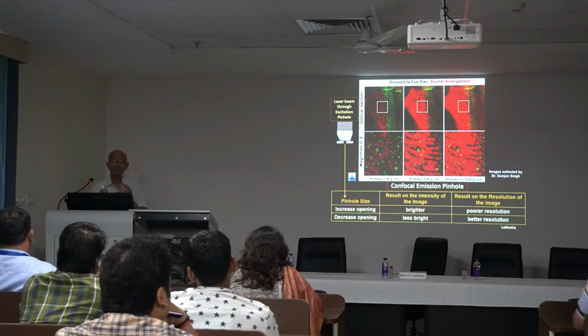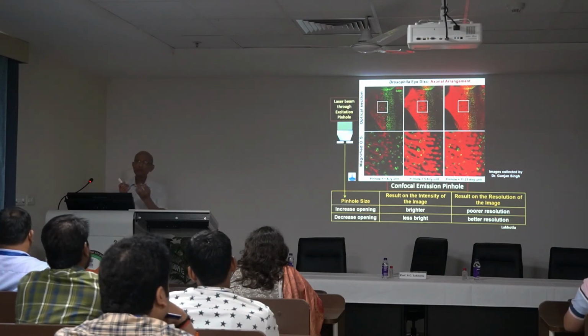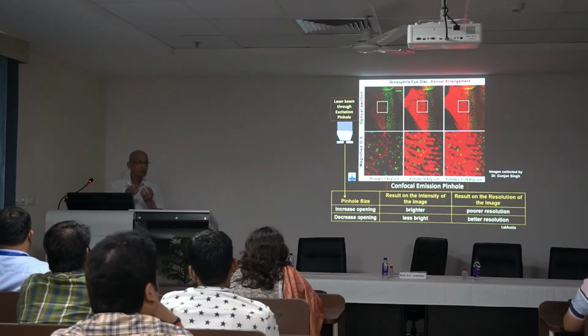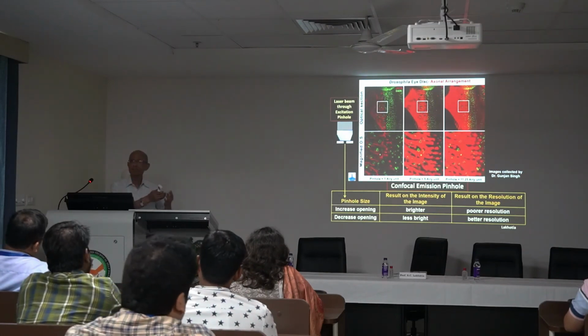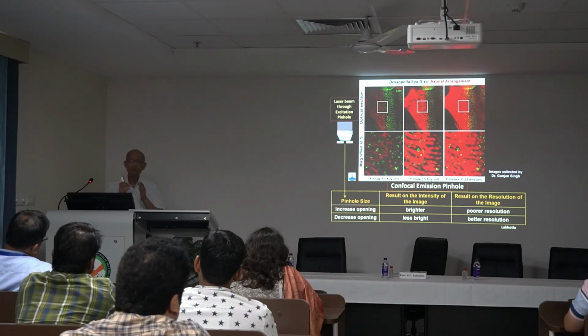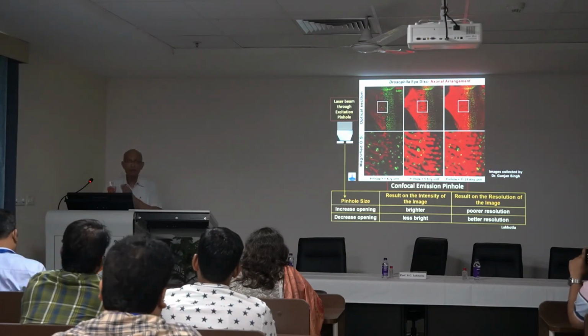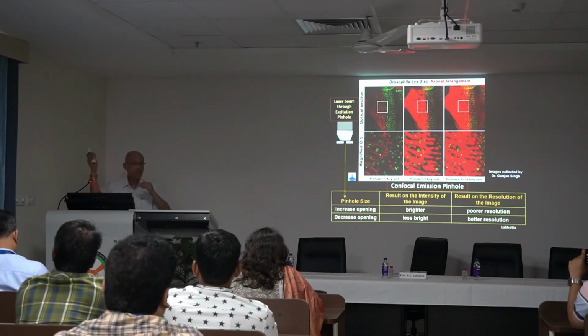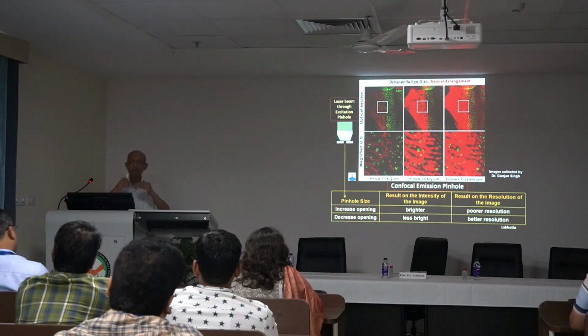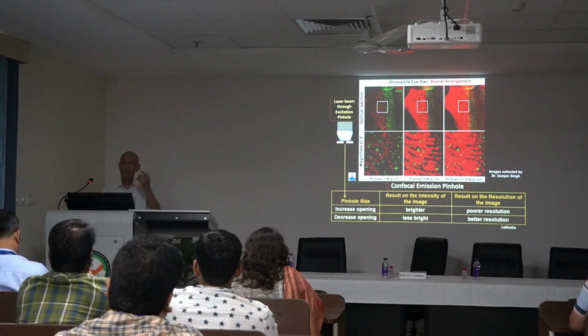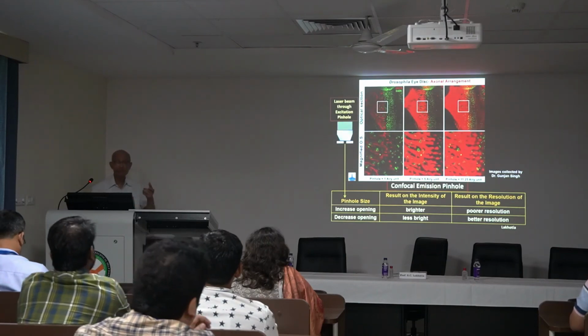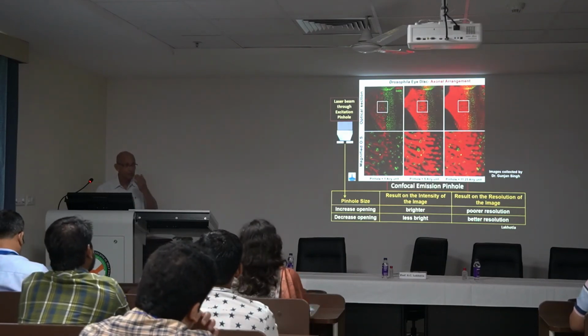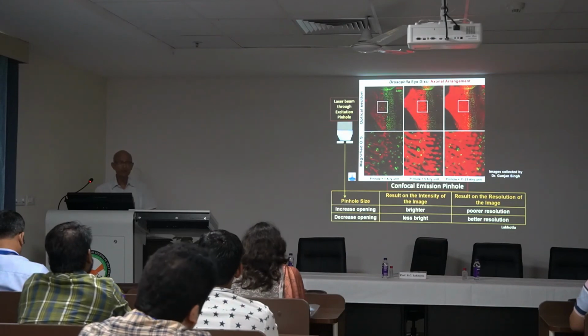And therefore, for example, if one wants to compare a tissue which has a particular molecule in high quantity versus another which has low quantity, you should set up your confocal imaging with the tissue that has high quantity and make sure that it is not at the saturation point, it's in the exponential range. And then go to the tissue that has lower quantity, so that you can make a direct comparison.